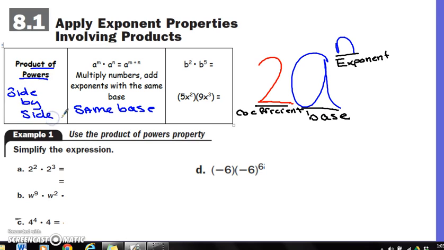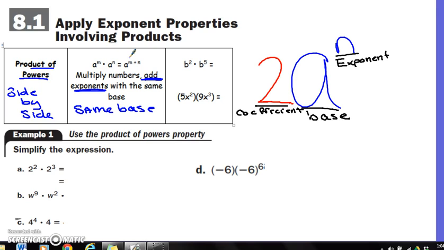In side by side, you add the exponents. So when they're sitting side by side, a to the m times a to the n, you add the exponents. When they're side by side, you add. We will be doing a separate rule of a power to a power in a little bit. But right now, side by side, you add. All this should be written in your notes. This is what I'm checking for.